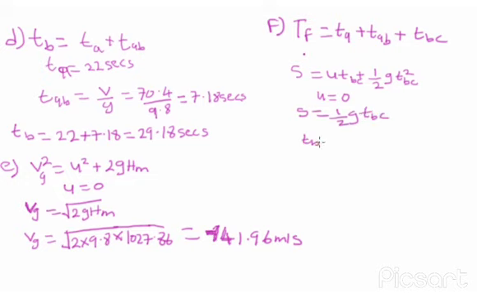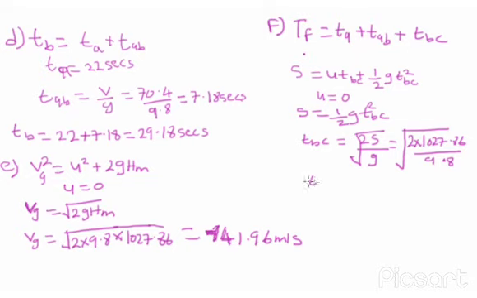So TBC will be equal to the square root of 2S over G. S is the maximum height, so it will be 2 times 1027.86 over 9.8.